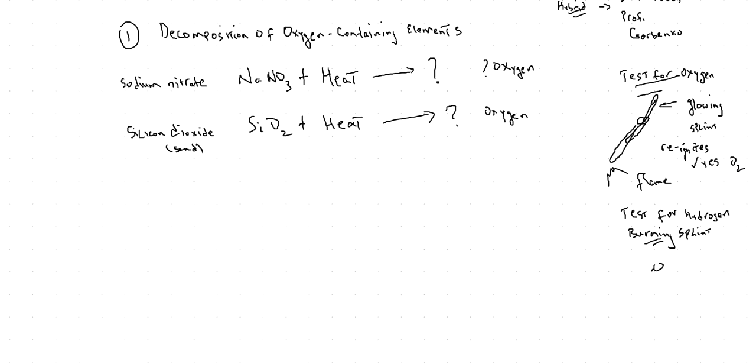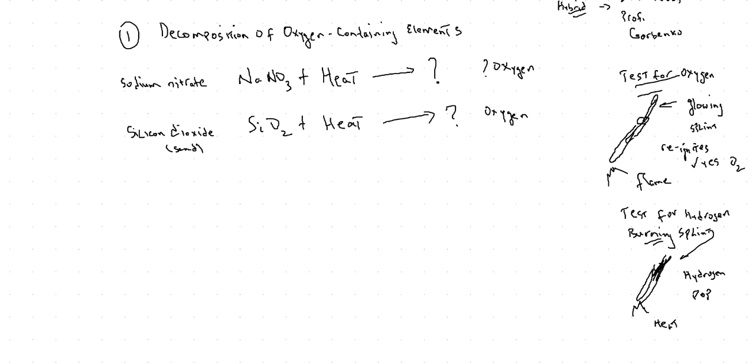So there's our heat, and then we put this burning splint inside our test tube. If there's hydrogen, then we hear what's called a hydrogen pop. You get a little pop sound, something like this. Can everybody hear that? So you put a burning splint for hydrogen and a glowing splint for oxygen. Don't put a burning splint in oxygen.